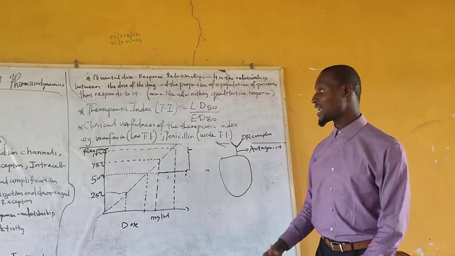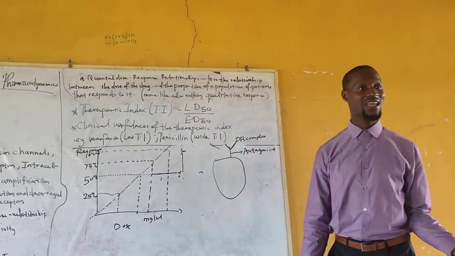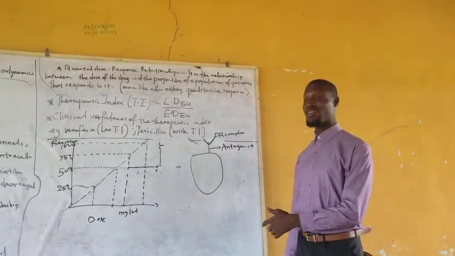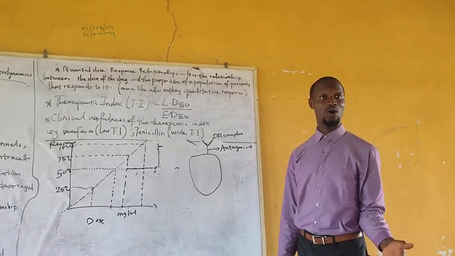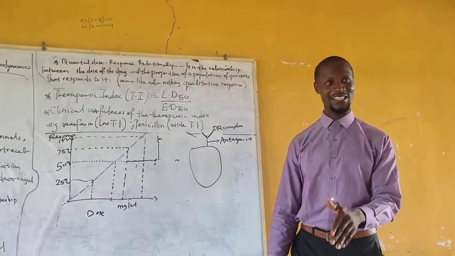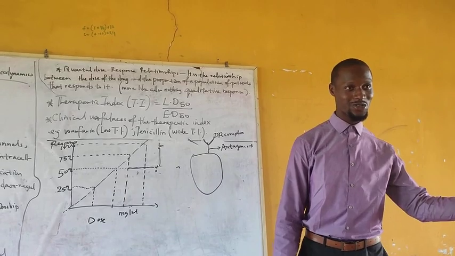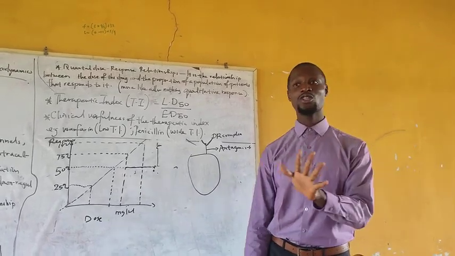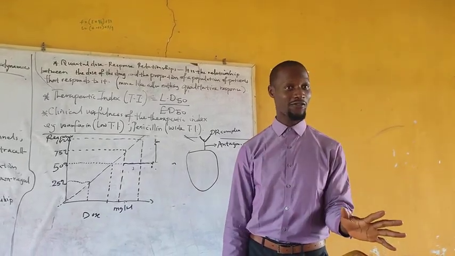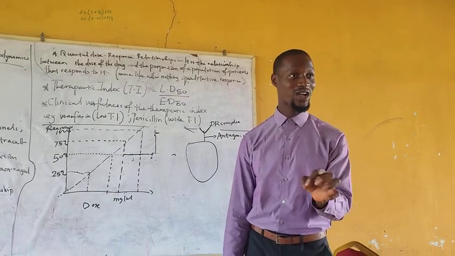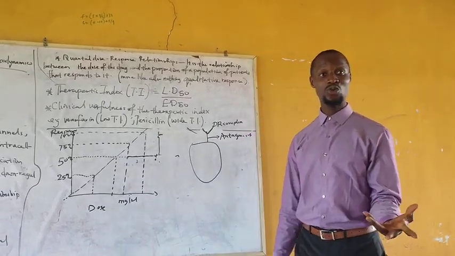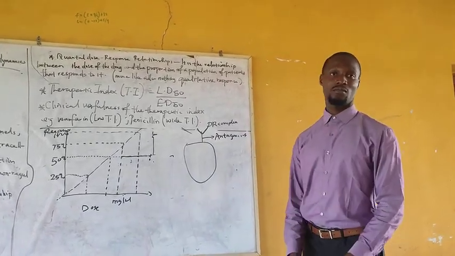Drugs that are safe will have a high therapeutic index. Drugs that are not safe have a low therapeutic index. So therapeutic index is different from effectiveness. Therapeutic index only talks about how clinically safe a drug is, and how it can be used in therapy.